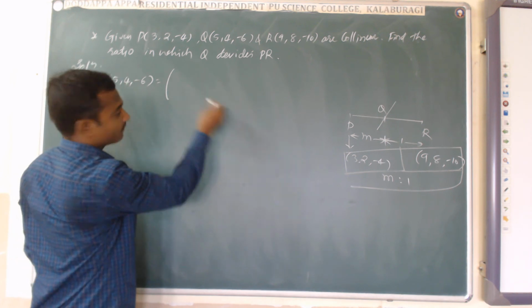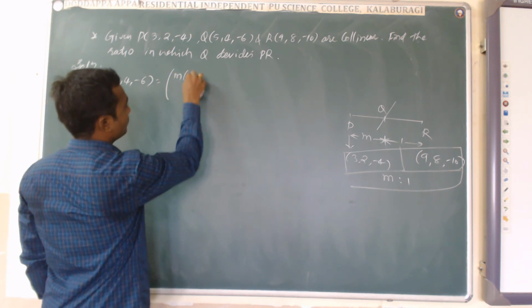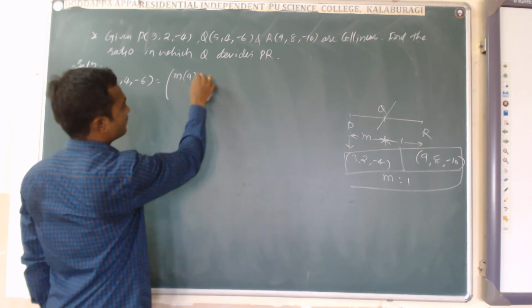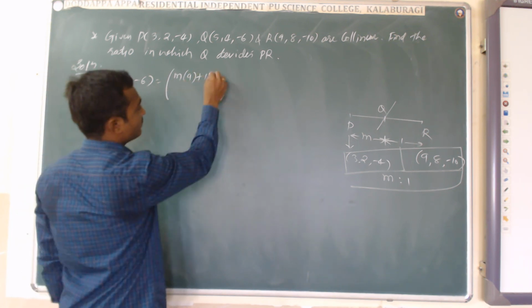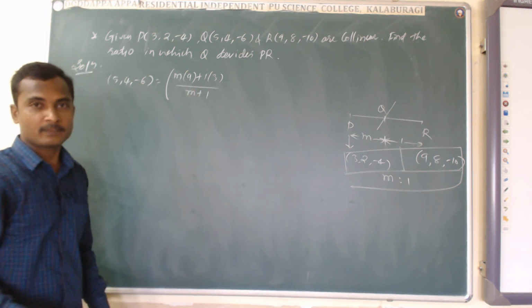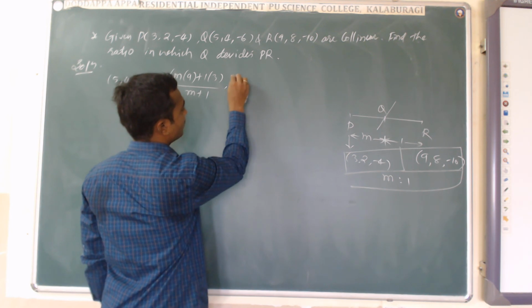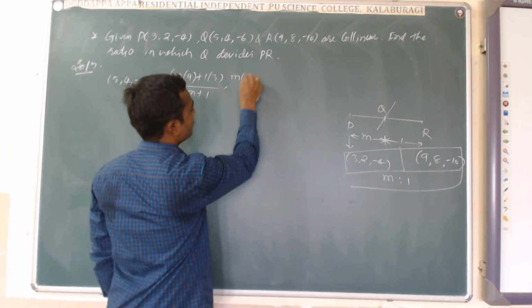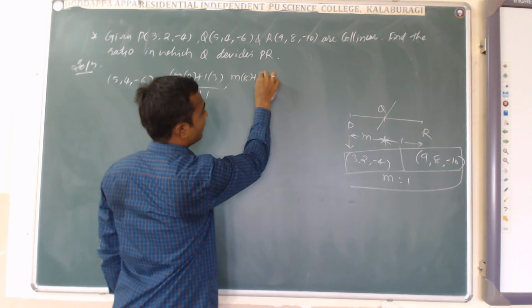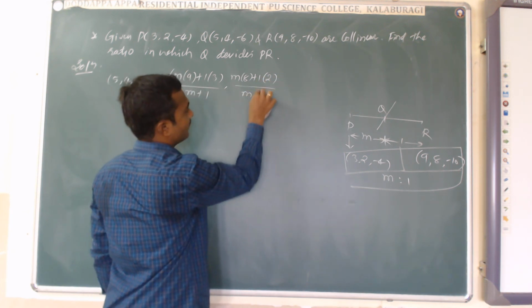So what does this become? mx2, where x2 is 9, plus n x1, where x1 is 3, by m plus 1. Next, my2, where y2 is 8, plus n y1 by m plus 1.